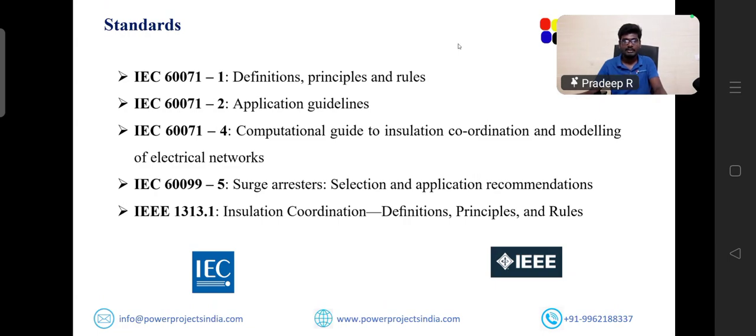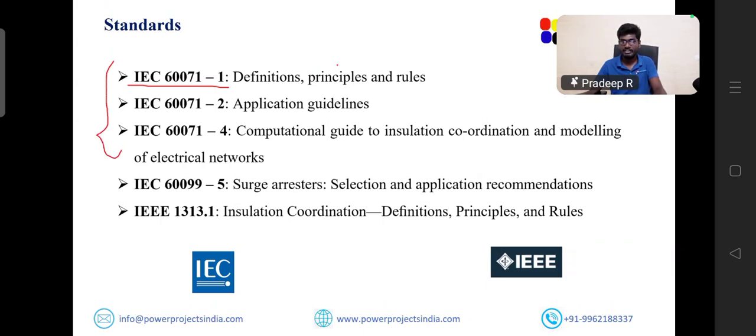Okay, then. So what are the standards and guidelines we are using for this insulation coordination? The very first one, the preliminary standard, is IEC 60071, specifically parts 1, 2 and 4, which will help a lot in our insulation coordination part.